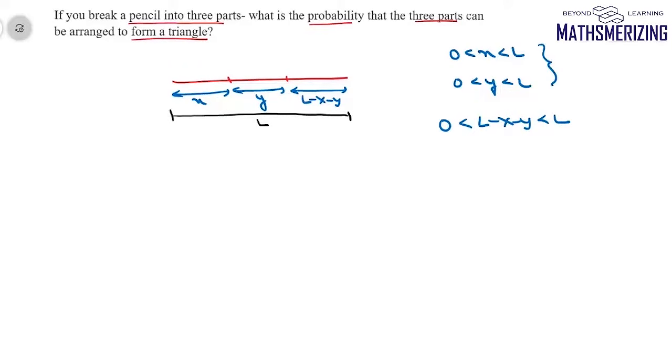So from the third one, we'll get this condition as X plus Y is less than L. So we have 3 conditions. So X should lie between 0 and L, Y should lie between 0 and L, and X plus Y should be less than L. So we'll plot this region on a coordinate plane.